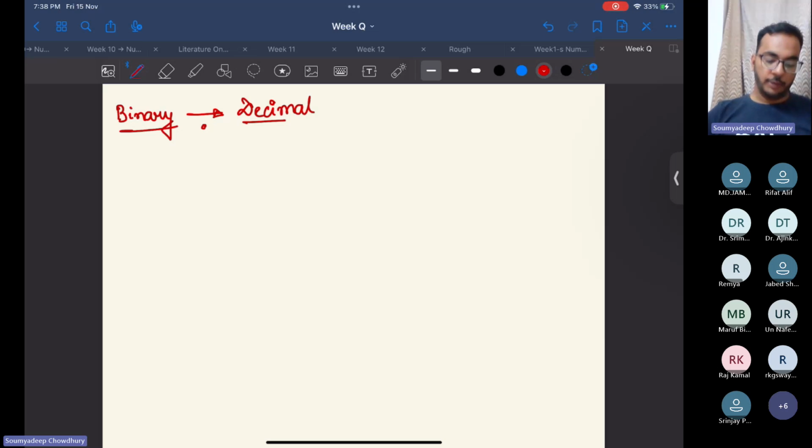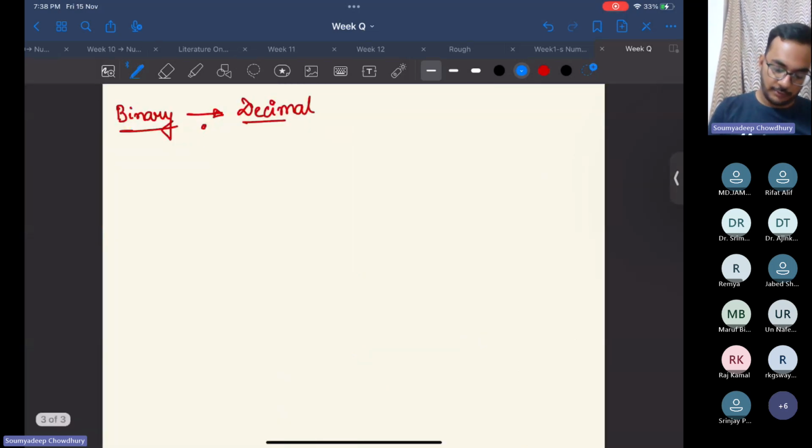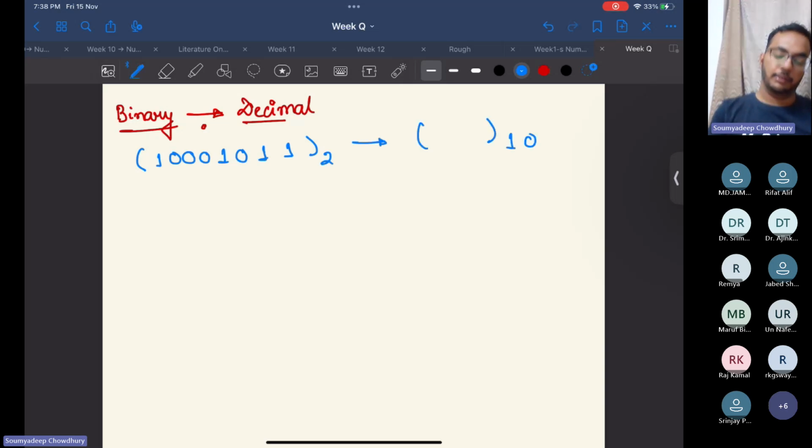If we want to convert a binary number to a decimal number, suppose you have, I'll convert this same number, 10001011. This is your binary number. You have to find the corresponding decimal number.